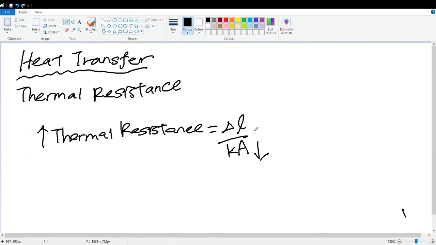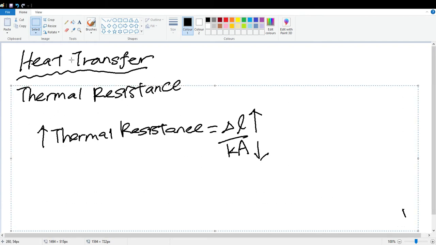If the length of my wire is higher, then the thermal resistance will also be higher. So this is the relation between the thermal resistance and the length, and the thermal resistance and the cross-sectional area of the wire. This is what we mean by thermal resistance. Let's move on to another part.